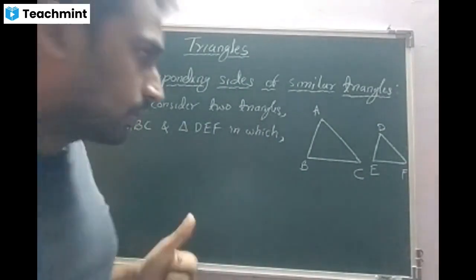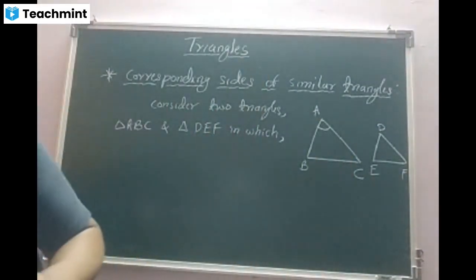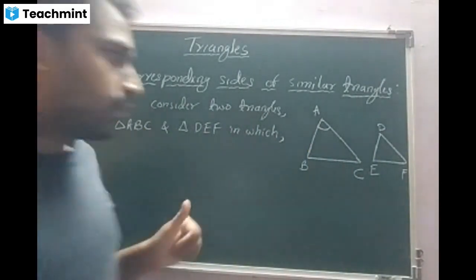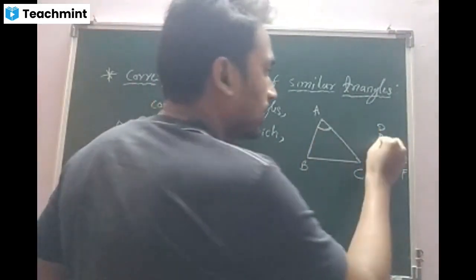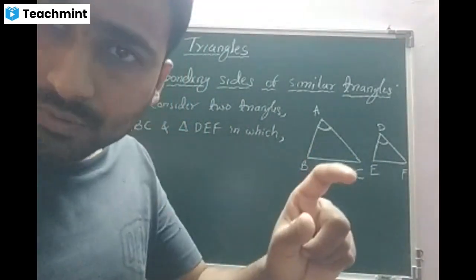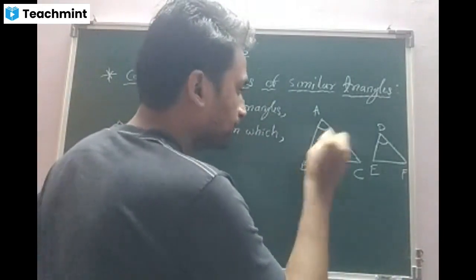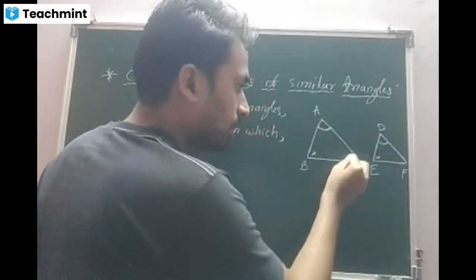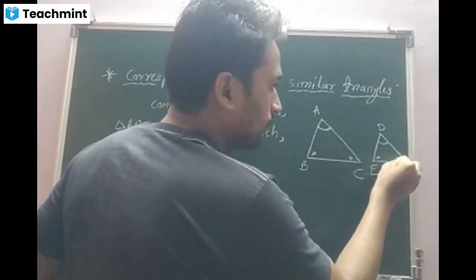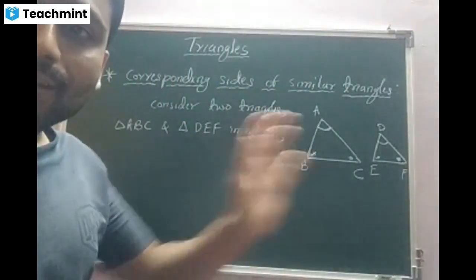Now, I'm assuming the first condition: angle A is equal to angle D, angle B is equal to angle E, and angle C is equal to angle F. Then we have to write the corresponding sides.